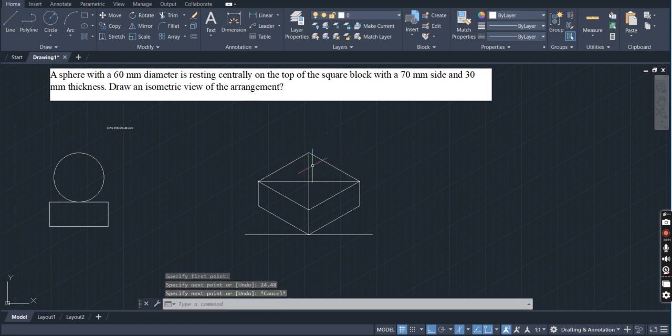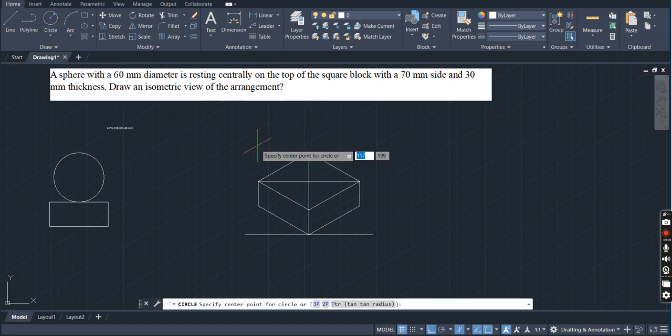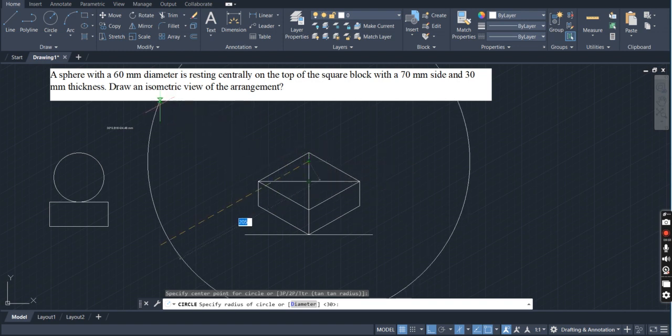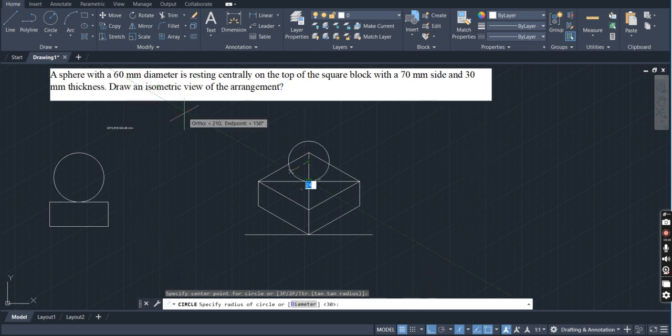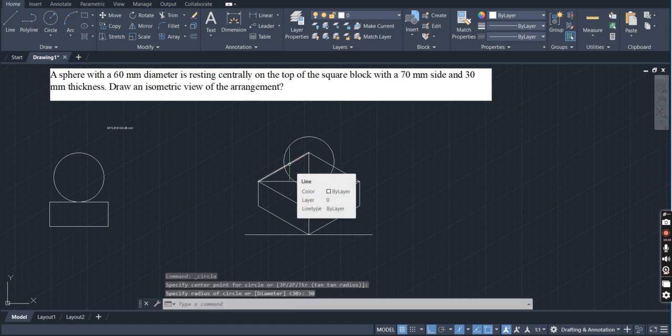This is the center point. Go to circle and use this as the center. What is the diameter of the sphere? It is 60, so the radius is 30 mm. Give 30 as the radius, enter.